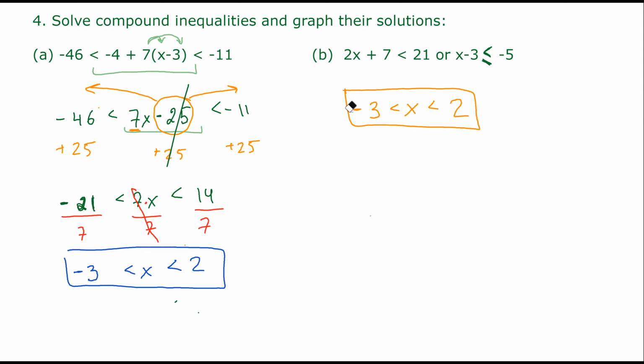Okay, now let's graph it. And once again, I don't know what's going on with the screen, so what I will do is put the graph here, right next to it. So we have -3, we have the 2.